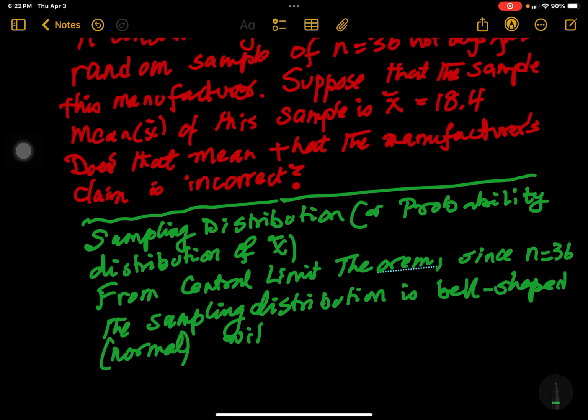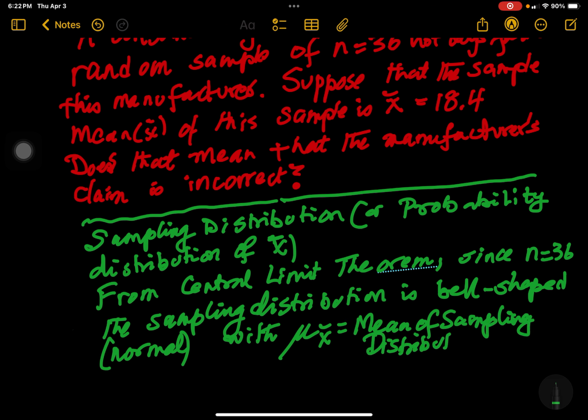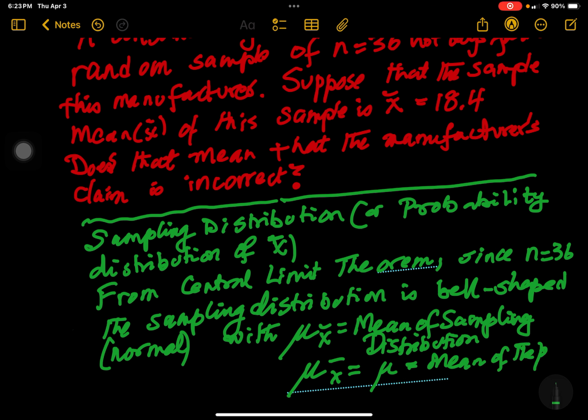With mu x bar, which is the mean of the sampling distribution. Mu x bar is equal to the mean of the population.